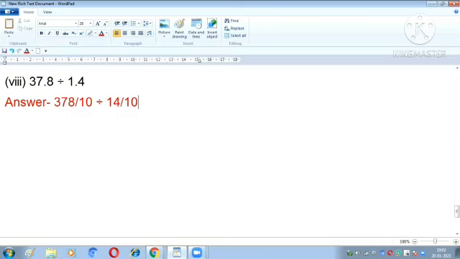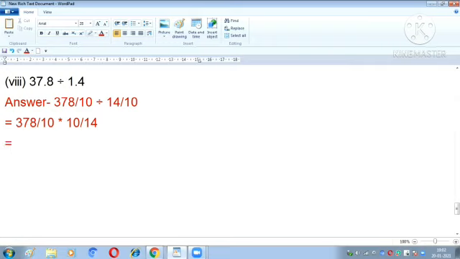Now we will change this division sign to a multiplication sign. So 378 upon 10 multiplied by the reciprocal of 14 upon 10, which is equal to 10 upon 14.